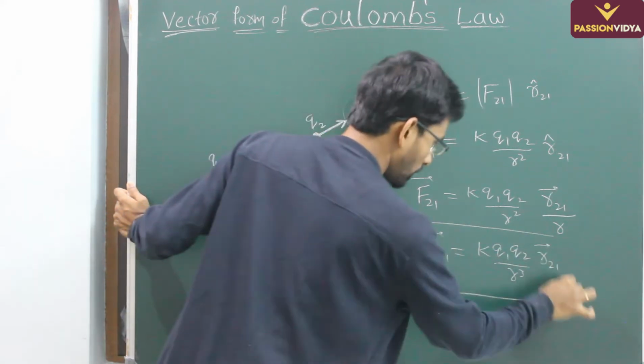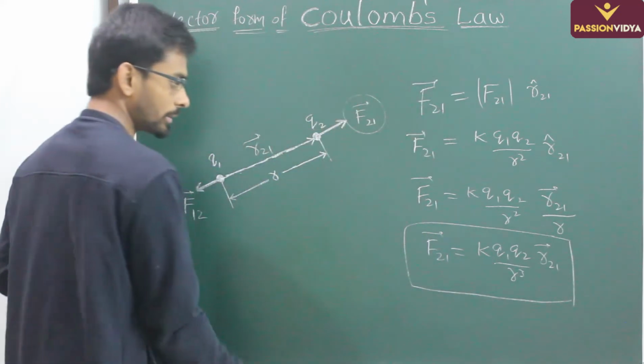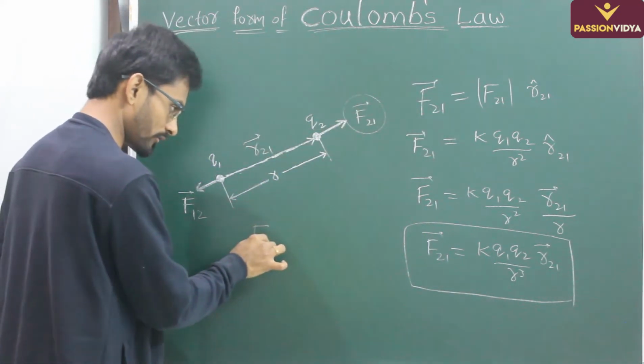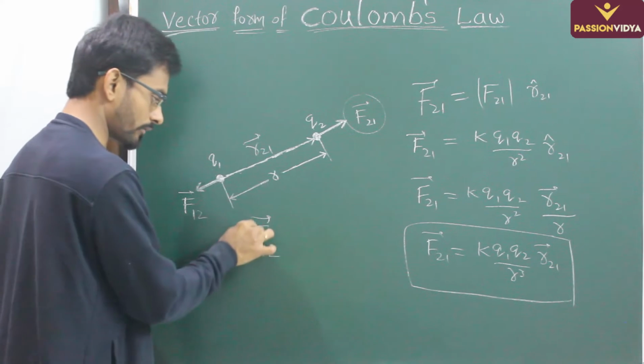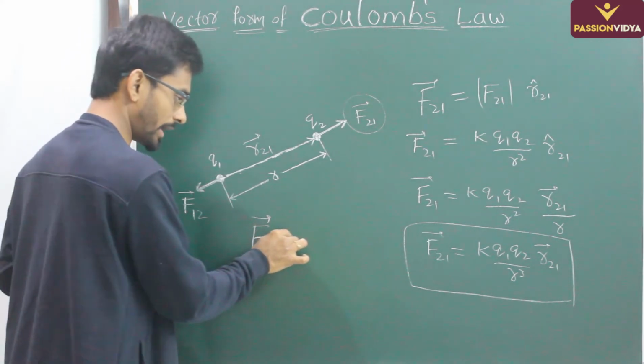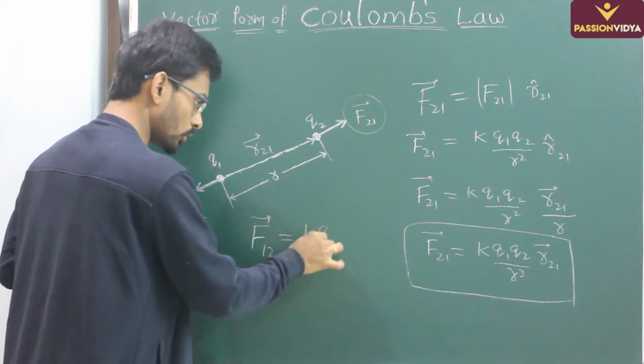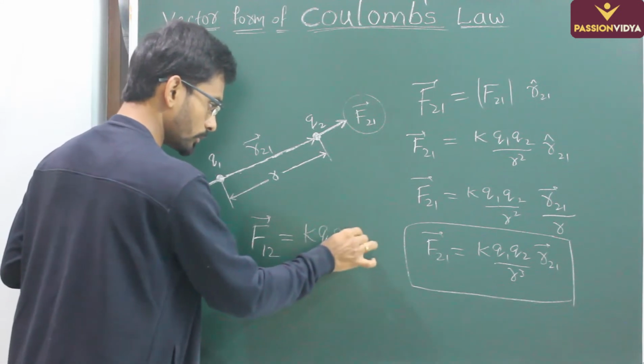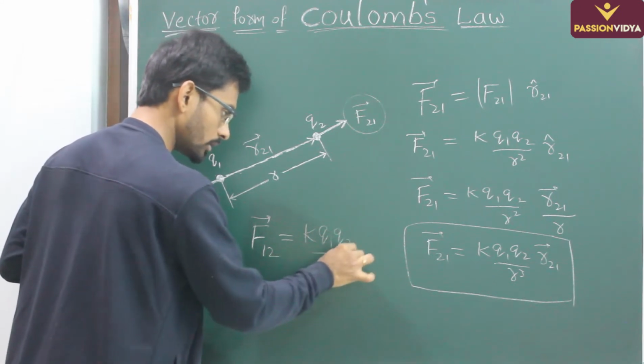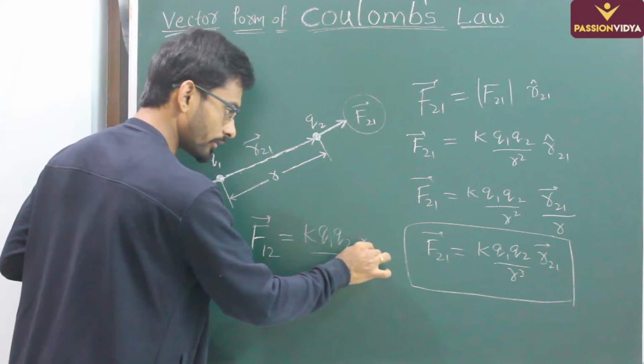So this is vector form of Coulomb's law. Similarly, we'll get an expression for F12 bar, that is force on 1 due to 2, as K into Q1 Q2 by R cube into R12 bar.